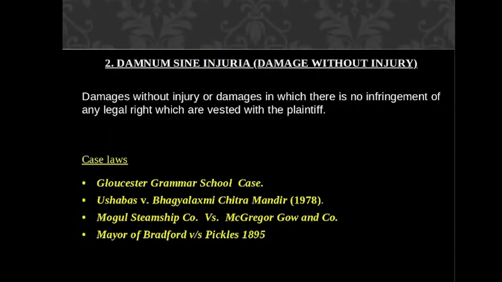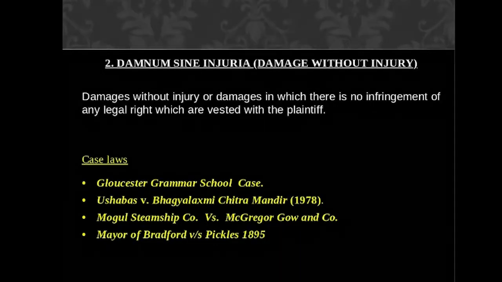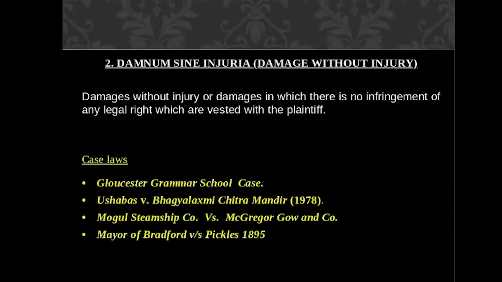Similarly, the last case is Mayor of Bradford versus Pickles, an 1895 case. What happened in this case was that the corporation of Bradford was supplying water from its wells, and the defendant had land adjacent to the corporation's land wherein there was the well. The defendant was willing to sell his land and approached the mayor of the corporation, but unfortunately all negotiations failed.